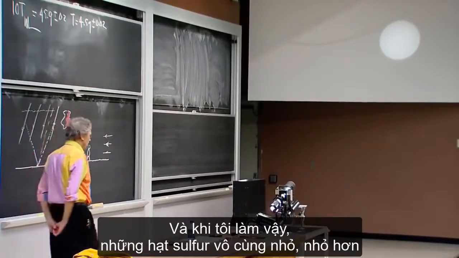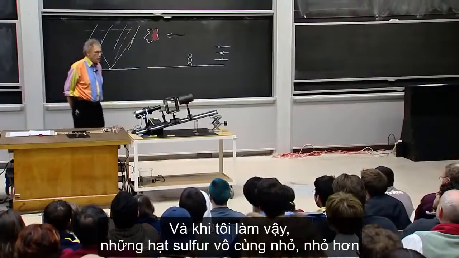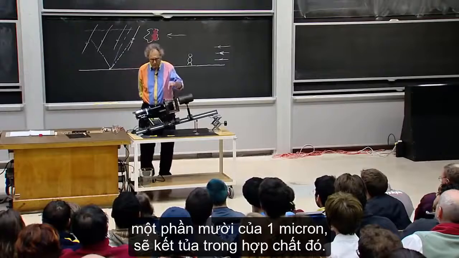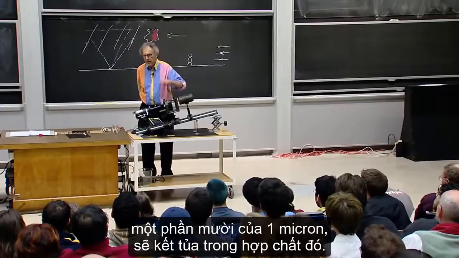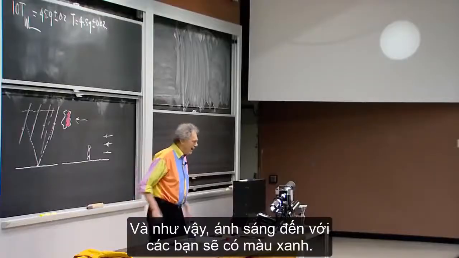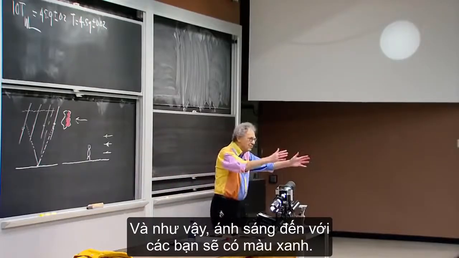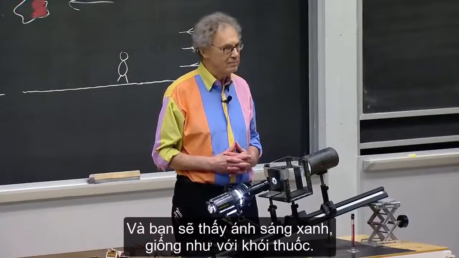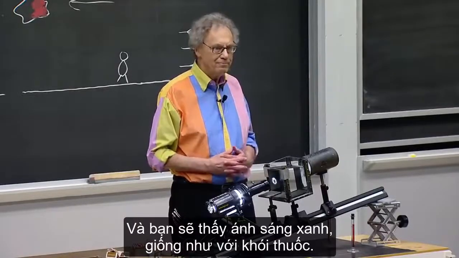And when I do that, very small sulfur particles, smaller than a tenth of a micron, will precipitate in that solution. Rayleigh scattering. And so the light that will come to you is blue. And you will see blue light, just like with the smoke.